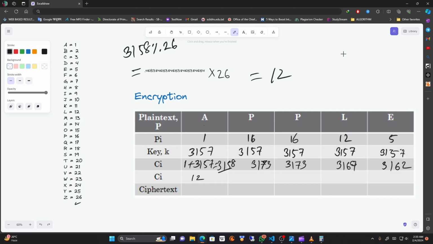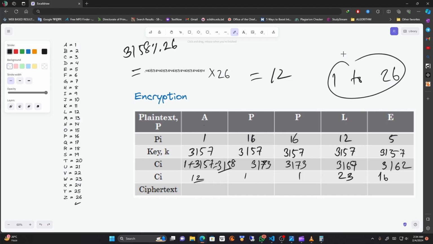Similarly, we will find all the other values, which are 1, 1, 23, 16. Now we again get all the values in the 1 to 26 range, right? So all we need to do is write down the letter at that index.